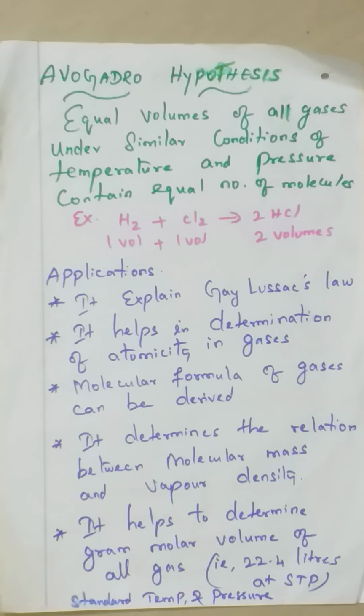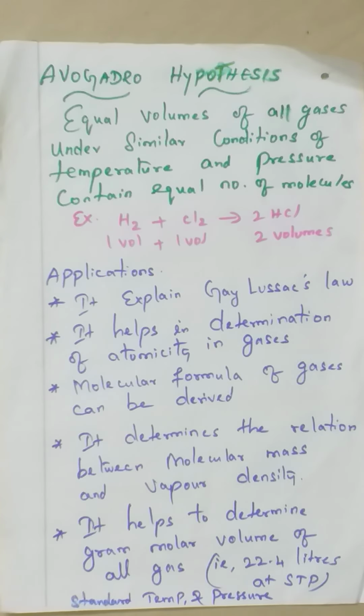For example, if you are taking 2 vessels, in the first vessel we keep 5 liters of hydrogen. In another container of the same size, we take 5 liters of oxygen. First container hydrogen, second container of the same size, oxygen. The same volume, 5 liters, we have to take.